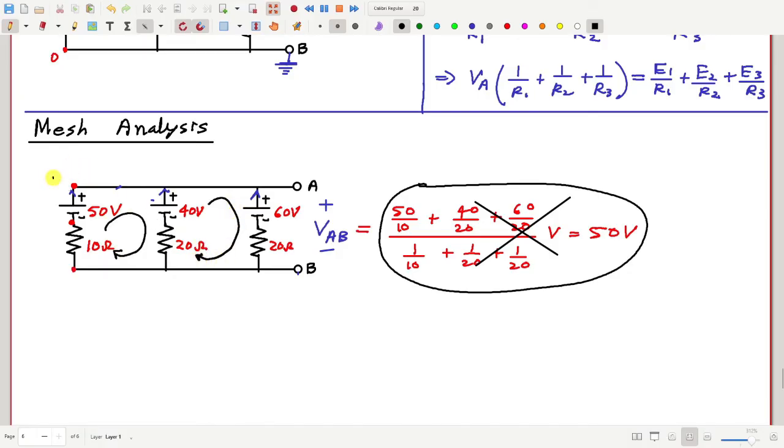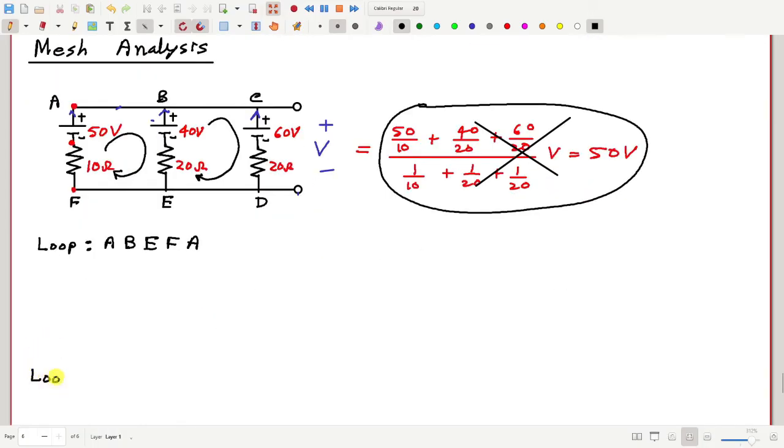Let me label the points A, B, C, D, E, F. Then we have a loop or a mesh which starts from A, goes through B, then E, then F, back to A. This is one loop.